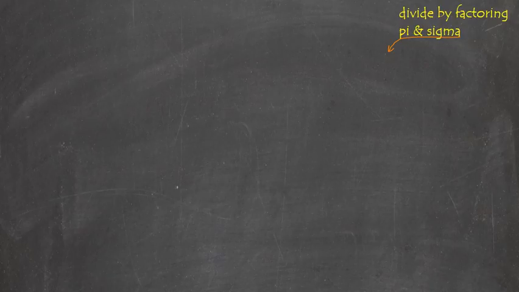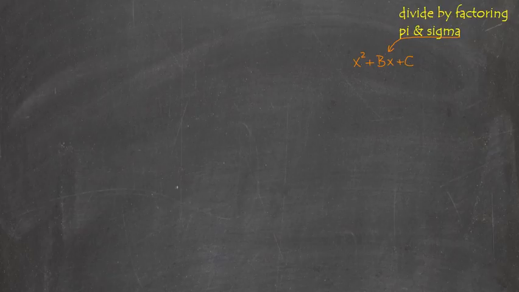So pi and sigma works on a quadratic trinomial. So I bet you're saying, what the heck is a quadratic trinomial? I'm going to tell you. A quadratic trinomial is a trinomial that can be written this way: x squared plus some number b times x plus c. So in this case, b and c would be numbers, probably integers.